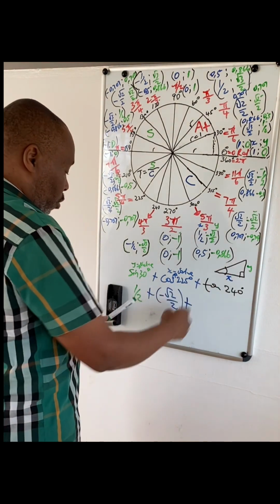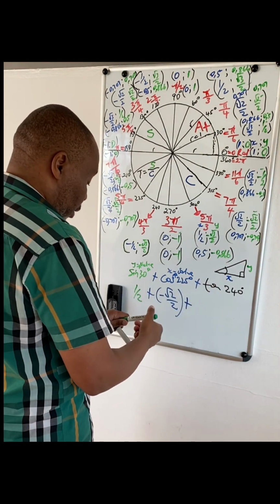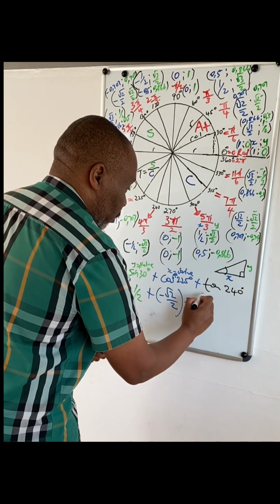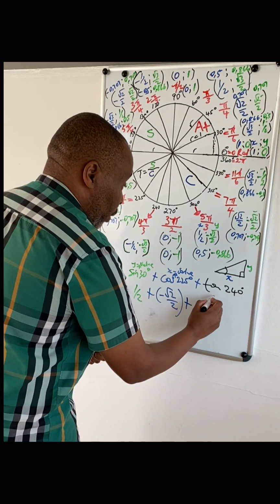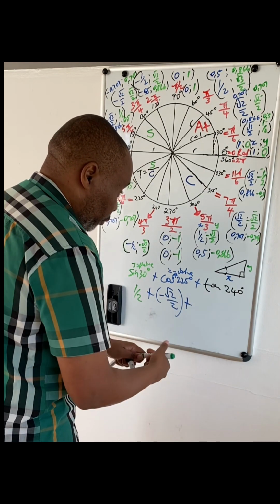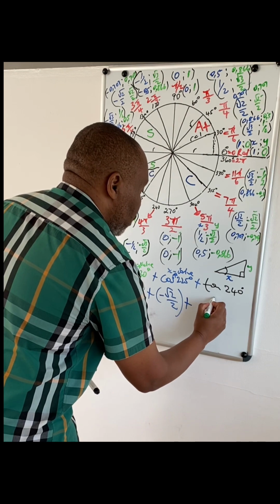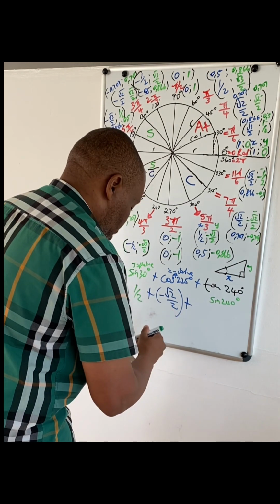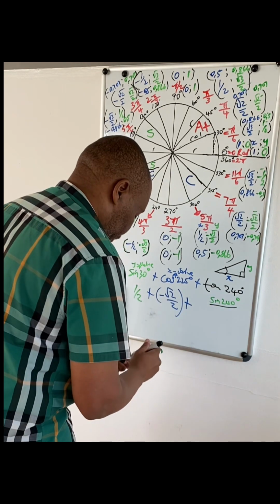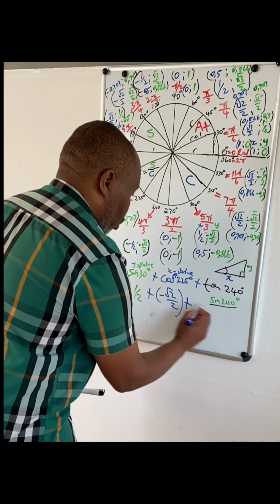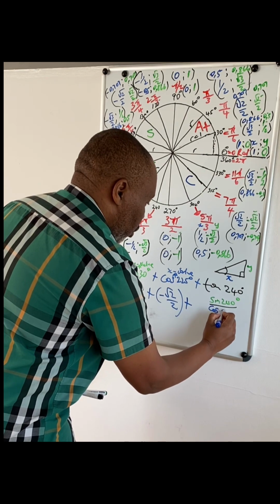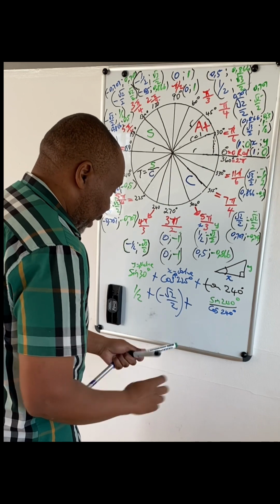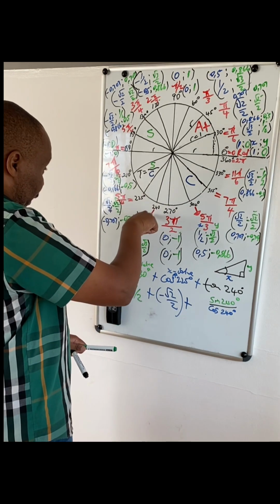So opposite over adjacent is y over x, so we say tan 240 would be equal to sine 240 degrees, which is y, all over the cos of 240 degrees.